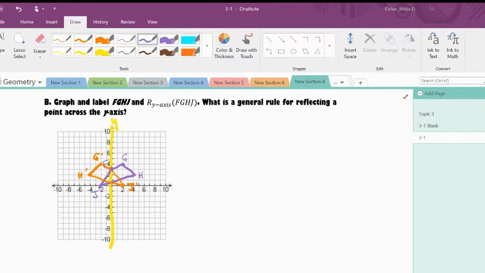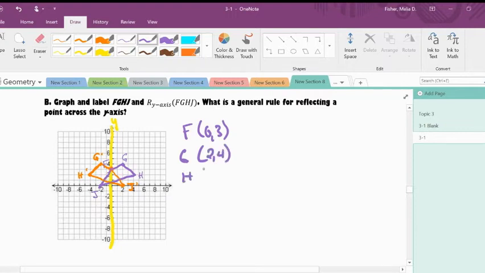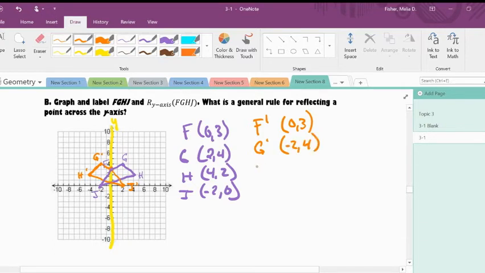So again, let's look at the points. Our first F was 0, 3. Our G was at 2, 4. H was at 4, 2. And J was at negative 2, 0. And when we look at our new shape, F prime stayed in the exact same spot. G prime is now at negative 2, 4.